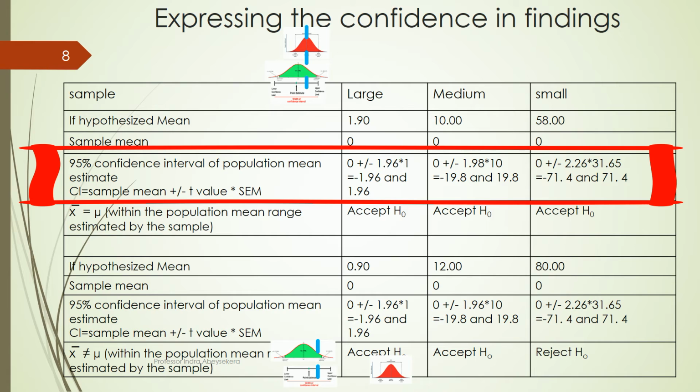We compute the confidence interval using the t-value, that is the degree of freedom. Sample size minus 1 is the degree of freedom. Confidence interval equals sample mean plus or minus t-value times the standard error of the mean.